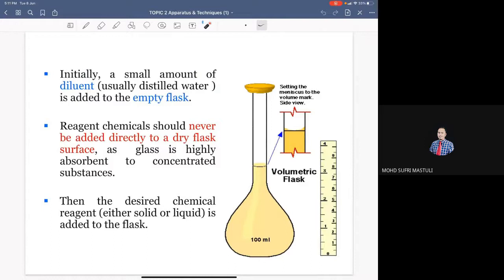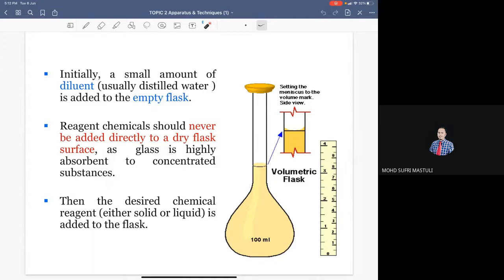Initially, a small amount of diluent, normally distilled water, is added into the empty volumetric flask, and then the reagent. Make sure the reagent chemical is never added directly to the dry volumetric flask, because the glass is highly absorbent to concentrated substances.